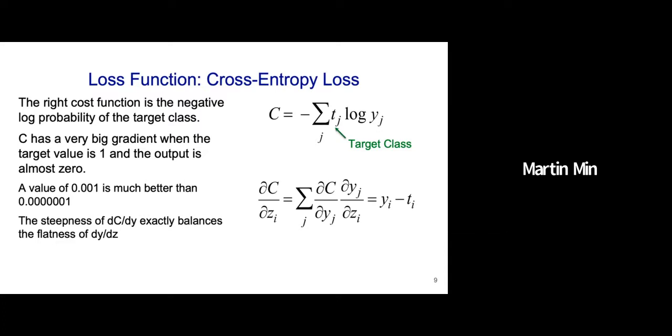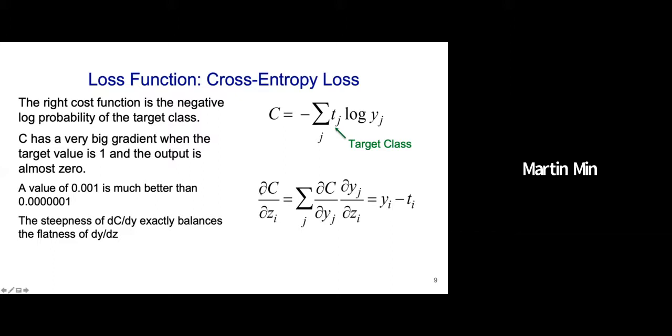To have a nice objective function, a loss function on top of the softmax output unit, we often use cross entropy loss. The cross entropy loss takes this form. This is the target class, which is either 1 or 0, and this is the output of the softmax units.